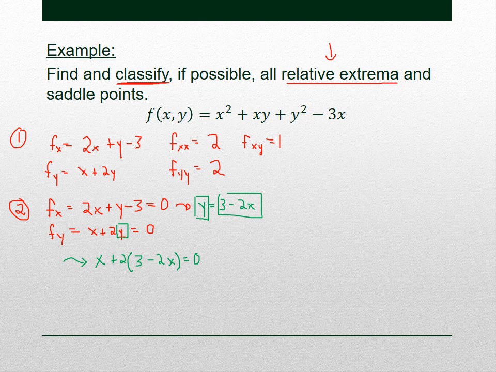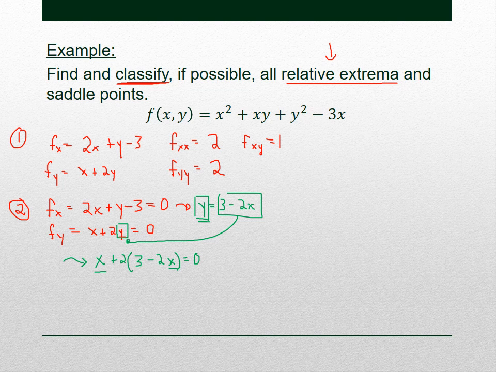So that's substitution. You use the first one, or either one, doesn't matter which, but solve for a variable, and then whatever you get, you plug that into the other equation, and you should be able to get a solution for whatever was left over. So here we got rid of the y, and we were left with just x's.